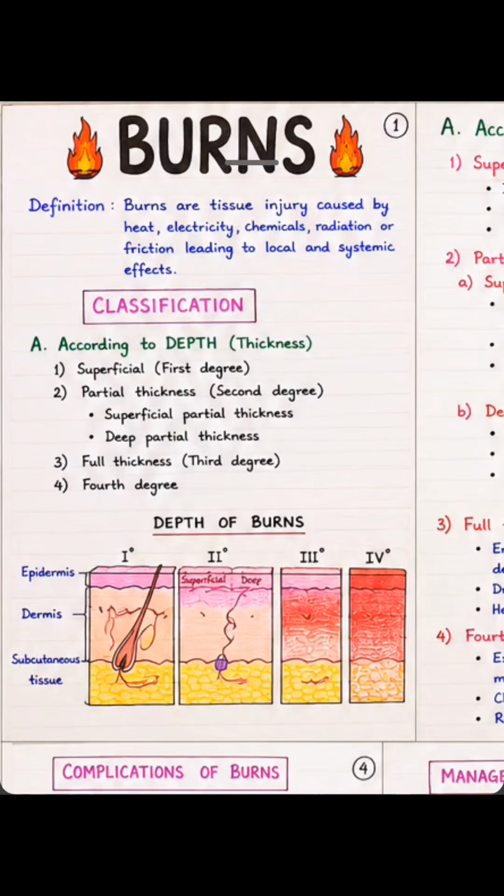That's a burn. Similarly, tissue damage can occur because of heat, electricity, chemicals, radiation, friction, and burns don't always remain limited to skin. Small burns can produce mainly local effects, while extensive burns can produce systemic complications as well.